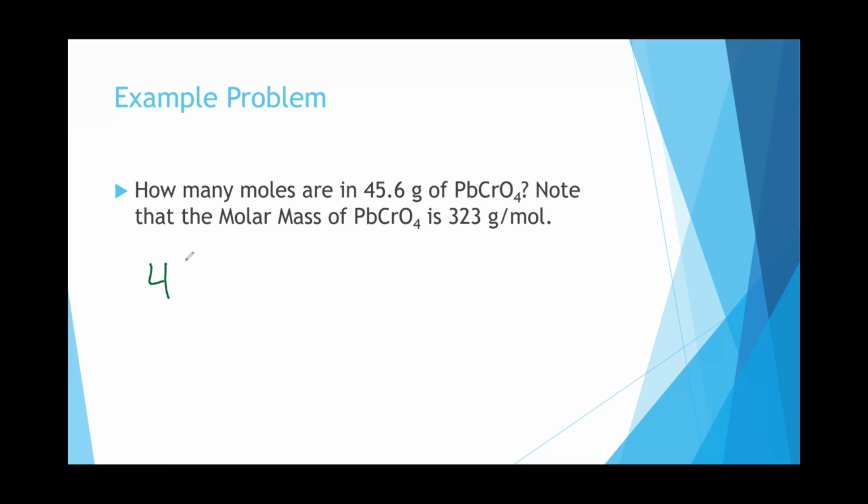We start off with 45.6 grams of lead chromate, and then we cancel with our molar mass. Then we always have to wonder, do we want the molar mass to be on the top or the bottom? And like the last problem, we want it to be on the bottom so we could cancel out the grams.